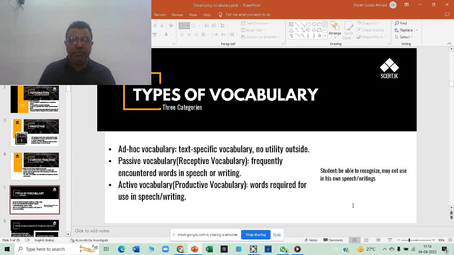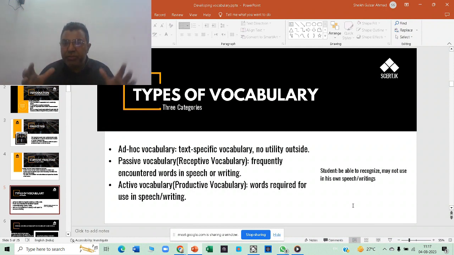Then it comes to passive vocabulary, also known as receptive vocabulary. You may be knowing about this. What is this vocabulary all about? It is frequently encountered words in speech or writing. Our students, or as teachers, when we encounter these words, we are able to recognize them.